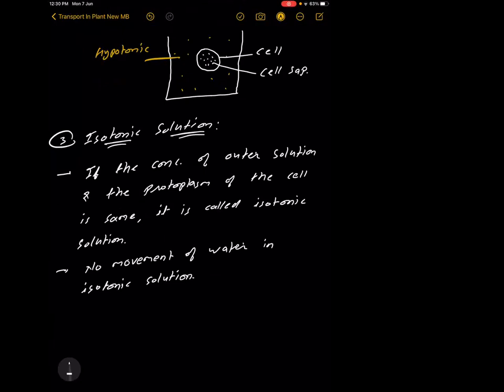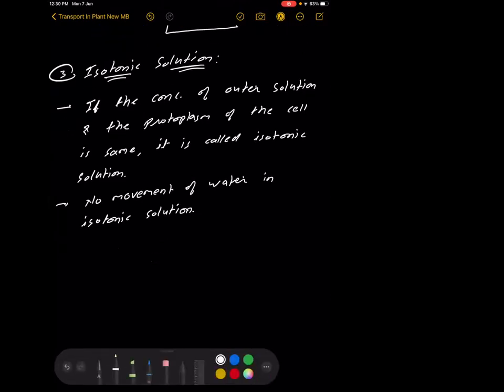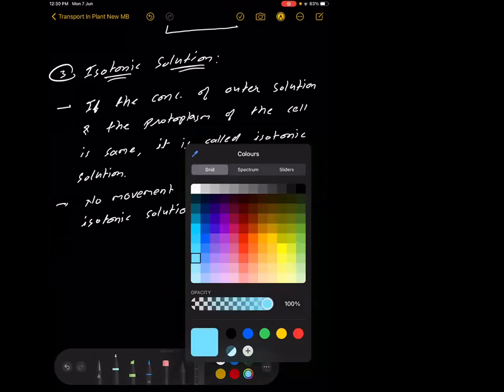So there are three different types of solutions: hypotonic, hypertonic, and isotonic. These are three different qualities. Now, next is permeability.